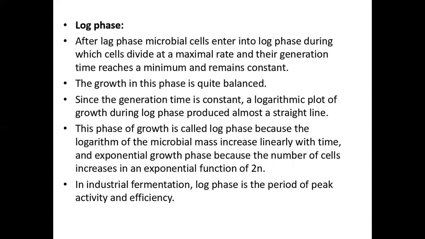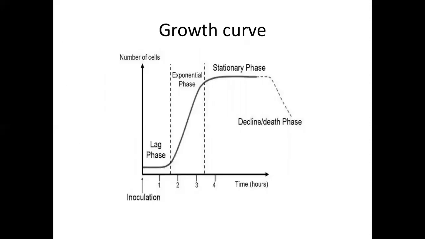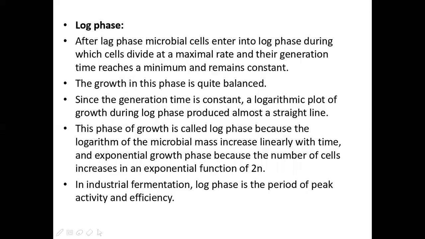After the cells have prepared themselves for division in the lag phase, by the start of log phase, cells start dividing at a maximum rate. If you can see the graph in this log phase, it is gradually increasing in an exponential, log manner, right? Meaning the number is increasing at a very fast rate.